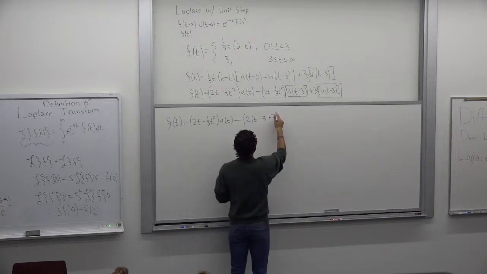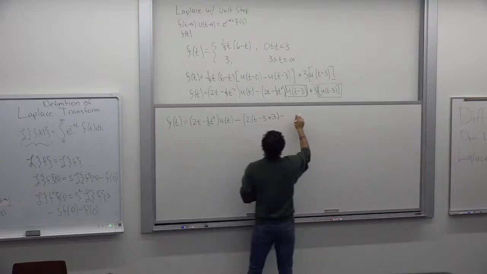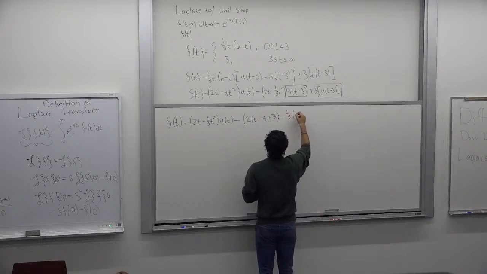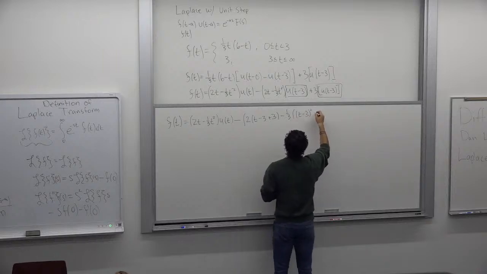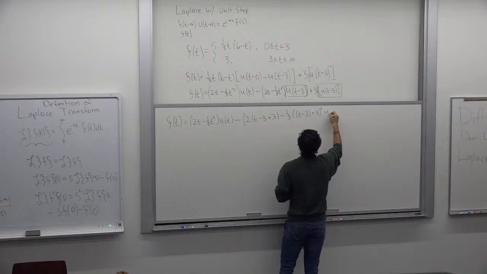And then we're going to do the same thing with this t squared, so we're going to do (t minus 3 plus 3) squared, u(t minus 3).